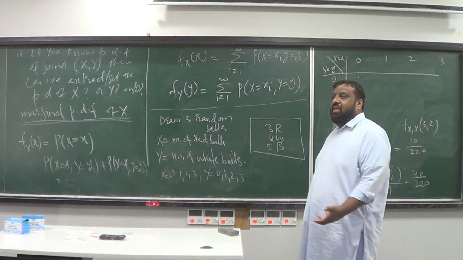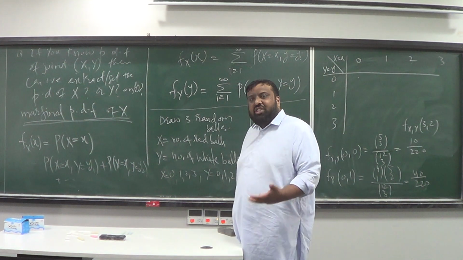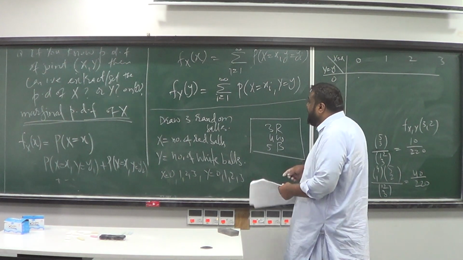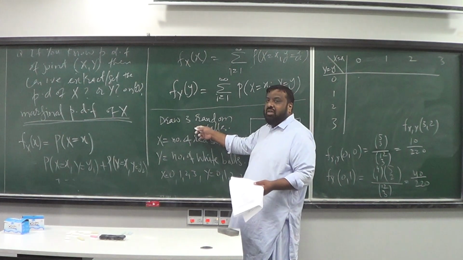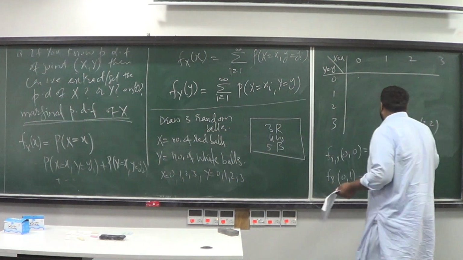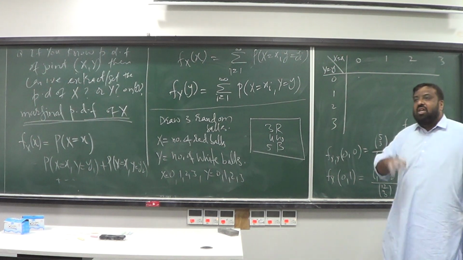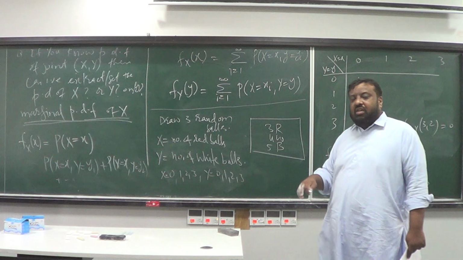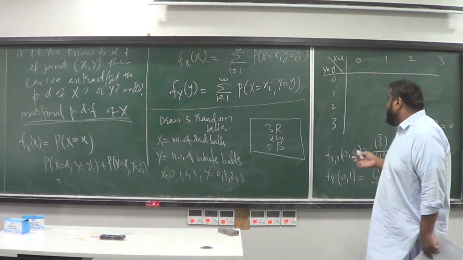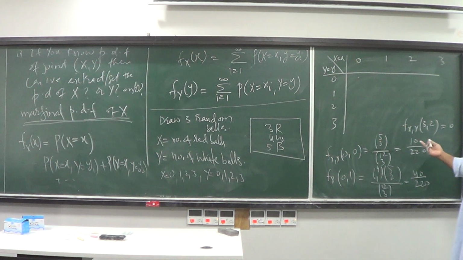You're going to say this doesn't make sense because you are only choosing 3 balls. How can you choose 3 red balls and 2 white balls? So this has probability 0. This is not going to happen. If you are choosing 3 balls, there is no way you're going to get 3 red balls and 2 white balls. So the probability of this happening is 0.